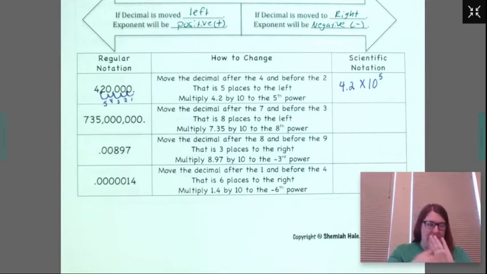Okay, so let's try it again. I'm moving my decimal until I'm in between the first two numbers that are not zeros.